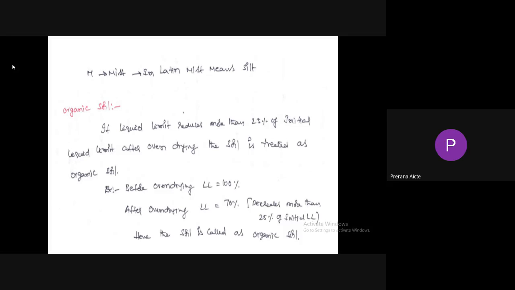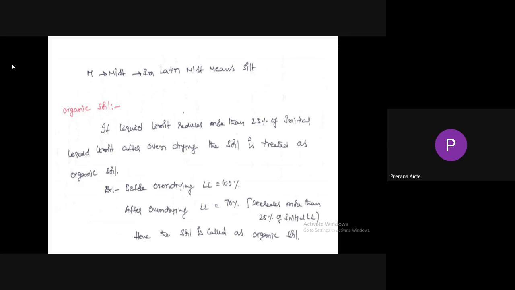Suppose the liquid limit is now 70%. Find 75% of the initial liquid limit: 75 by 100 into 100, that is 75%. Here, after oven drying, the liquid limit is 70%, which means it has decreased by more than 25% of the initial liquid limit.